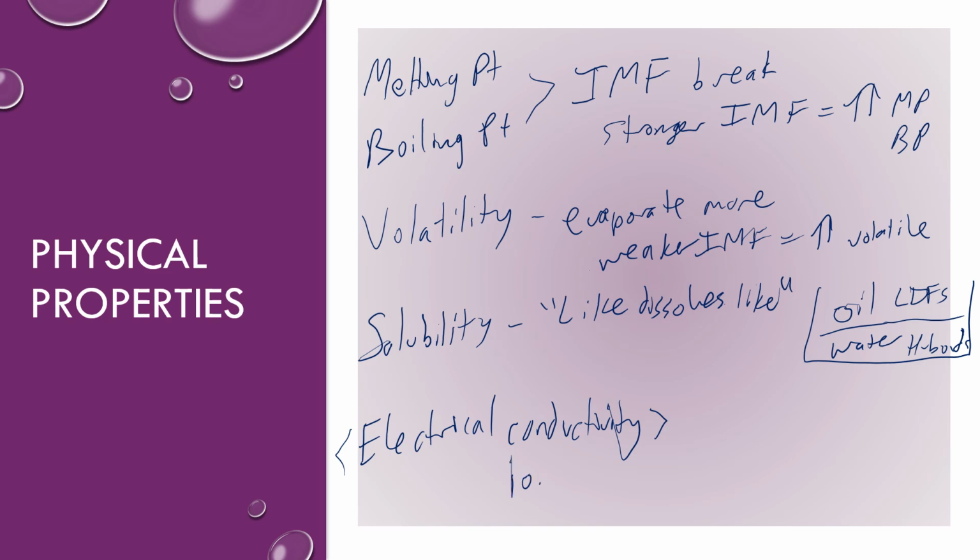Whereas ionic compounds, when they dissolve, do conduct electricity. And so it's a good way for us to distinguish between covalent substances versus ionic substances. So these are all different things that we can use to test to determine intermolecular forces and therefore the type of bonding present.